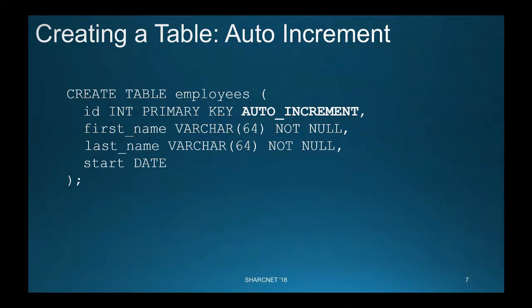And what that means is we no longer have to include a value into the table for that column. It will automatically increment it, because typically when you have a primary key or an ID of some sort, you're going to just want to start at 1 and go up to 2, 3, and so on and so forth. And that's what auto increment is going to do. It doesn't have to be on the primary key, which is why it's a separate keyword, but it often is.